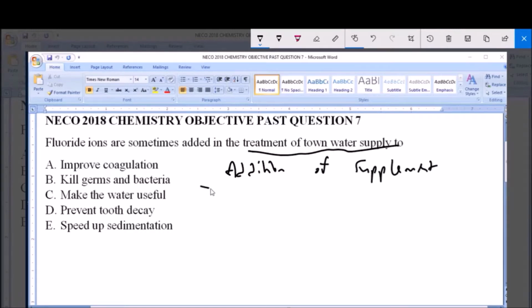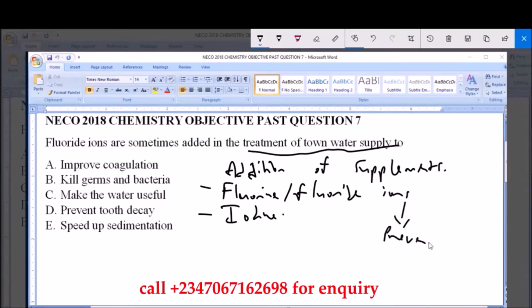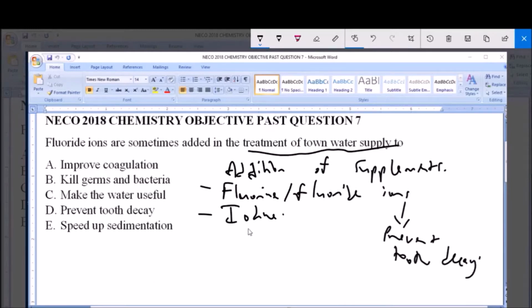And these supplements usually include fluorine or fluoride ions, and also iodine. Now, these supplements are added, of course, for the various functions they perform in the human body. Now, fluorine or fluoride ions are added to prevent tooth decay, and then iodine is added to prevent goiter.